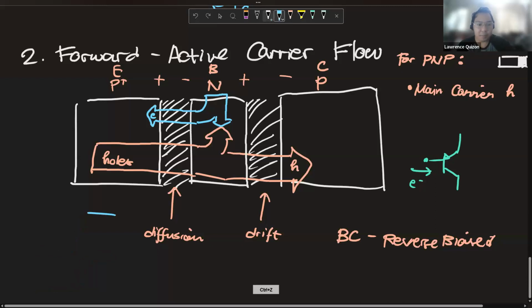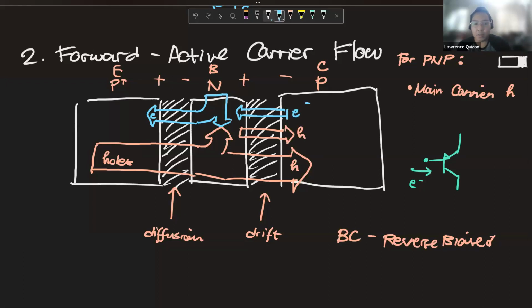So, the electrons drift, no? The minority carrier electrons that find themselves in the collector wander too close to the junction and they accidentally get swept across. The minority carrier holes in the base find themselves in the junction and get swept across, no?